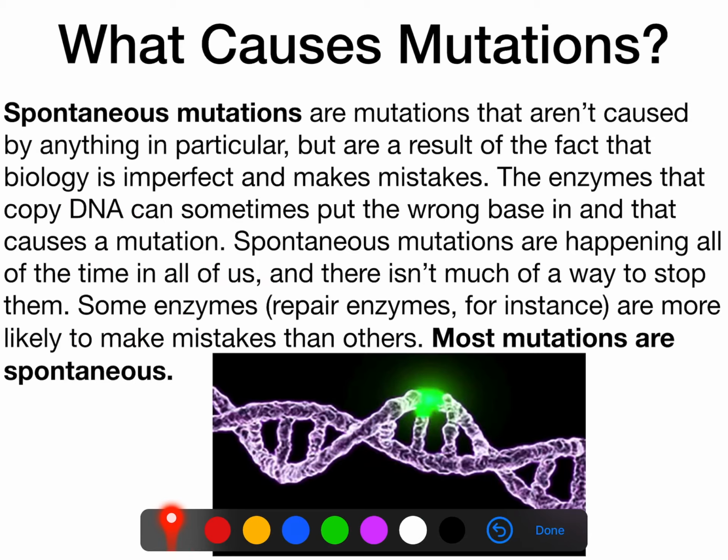And that sounds like not a whole lot. It's 1 out of a million. It's not a bunch. But when you consider that in each of your cells, you have something like 10 trillion base pairs, that means that every time your cells replicate, you could get 1 million mutations.